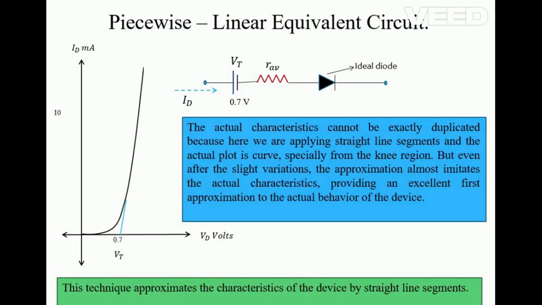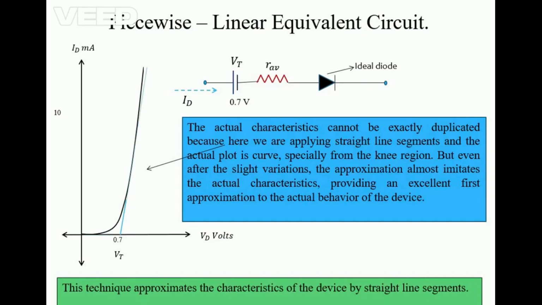This technique approximates the characteristics of the device by straight line segments. That means the actual characteristics is slightly different. This plot has a curve, especially in the knee region, whereas the graph for the piecewise linear equivalent circuit is slightly different.